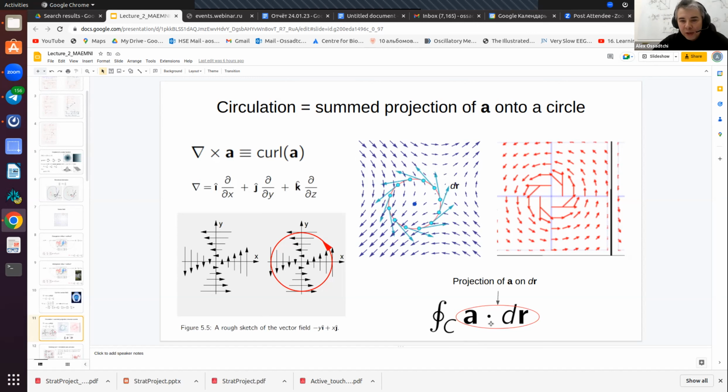But the circulation itself is formally given by the contour integral of your vector A at each point along this contour, or the circular contour, projected on vector dr, where dr at each point is a tangential line, tangential to the circle. Okay, so basically you're at this point, and in this case it's very easy to see.